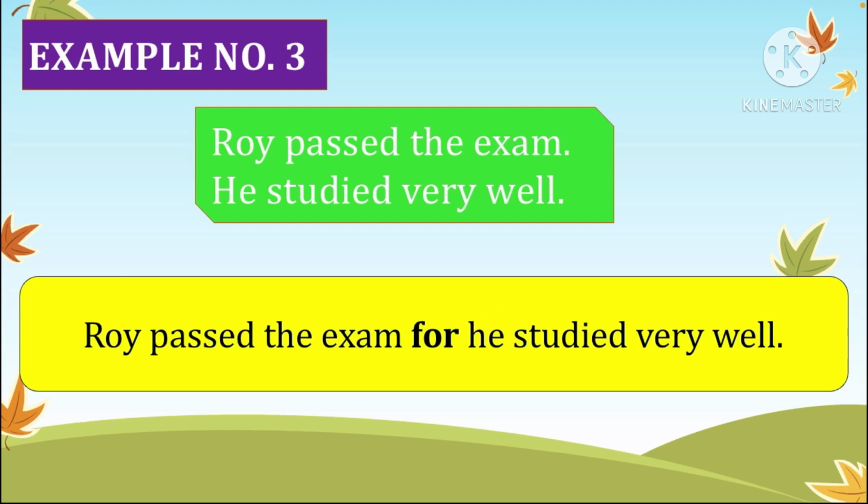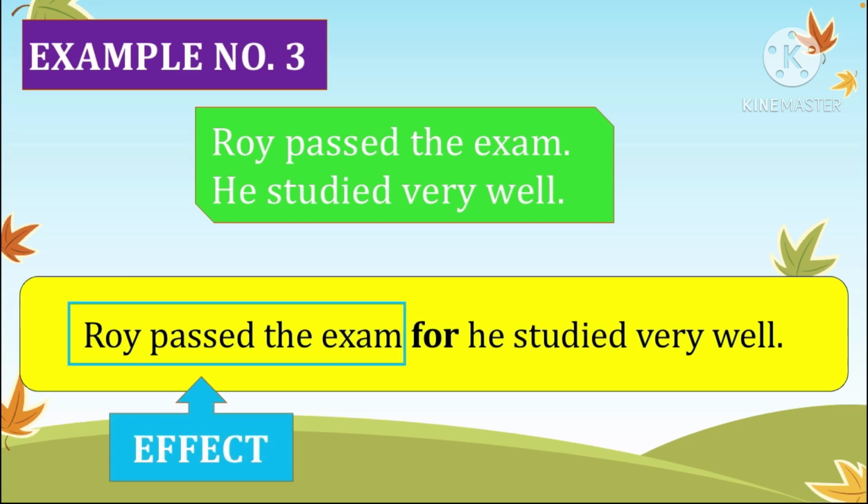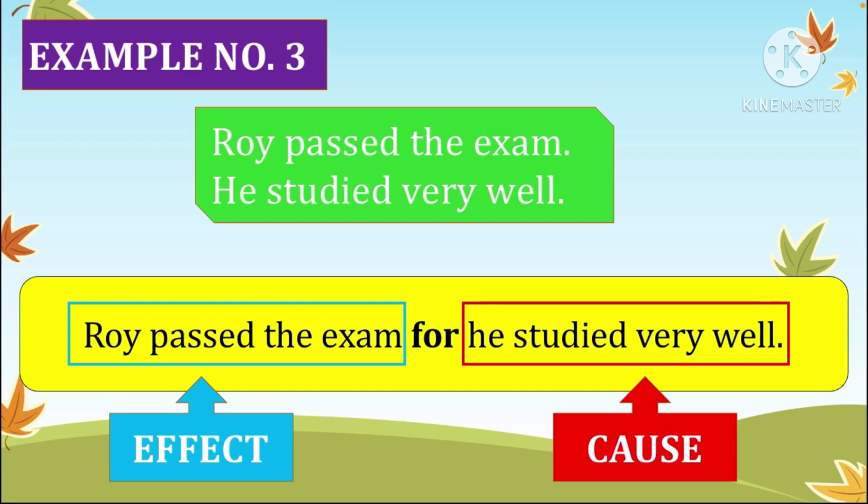In this compound sentence, Roy passed the exam shows the effect, while he studied very well is the cause. So the reason why Roy passed the exam is because he studied very well. The coordinating conjunction that we use is for.